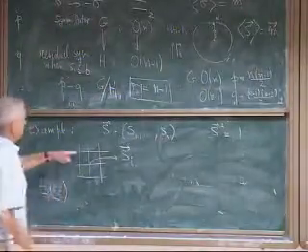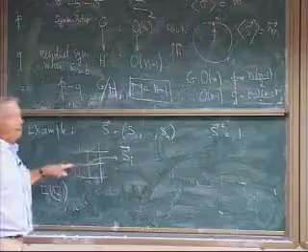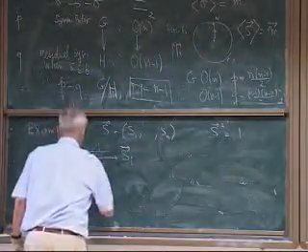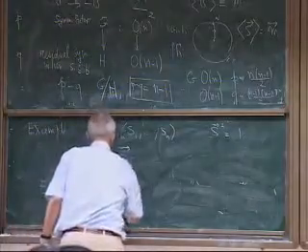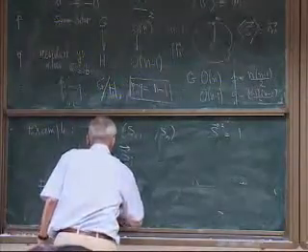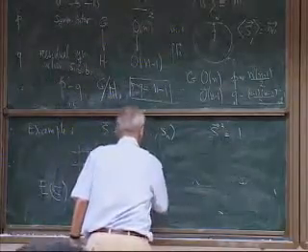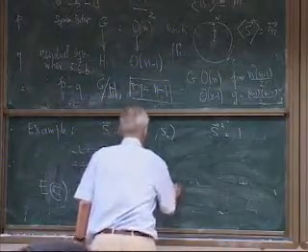A configuration is a choice of vector here, here, here, at each lattice site: minus J, sum over nearest neighbors, Si dot Sj.